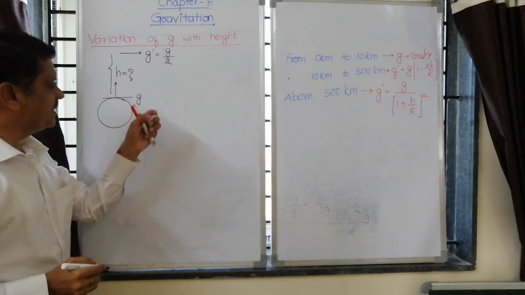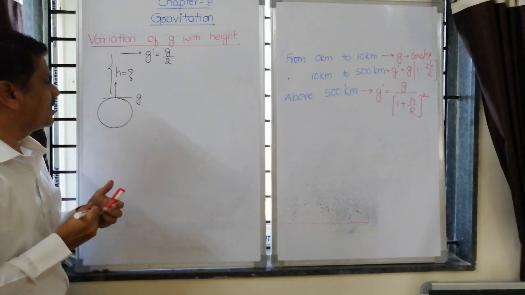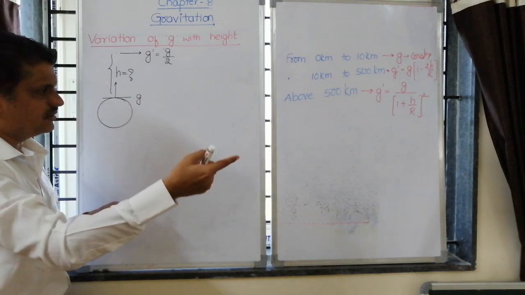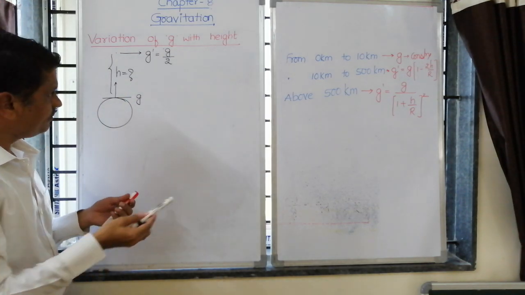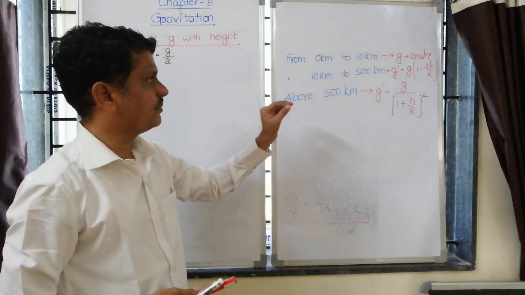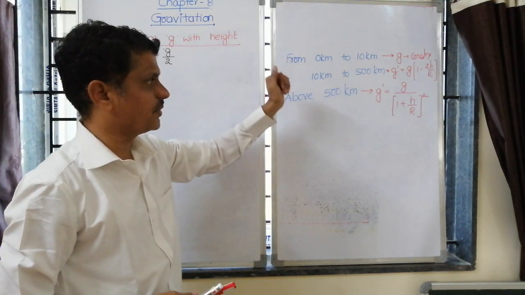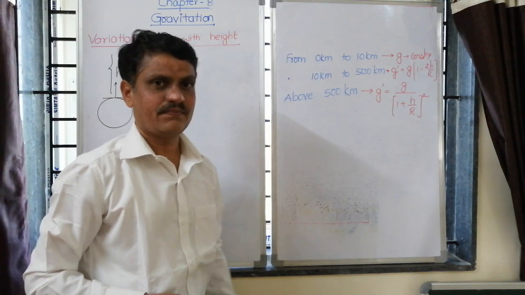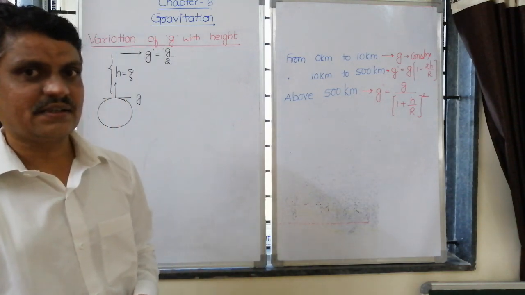At what height acceleration due to gravity becomes half of the acceleration due to gravity on the surface of the earth? Then we have to decide which formula to be used, whether this or this.